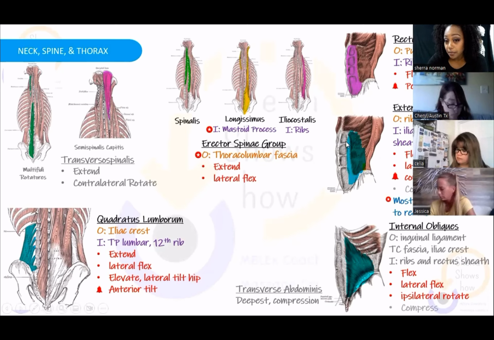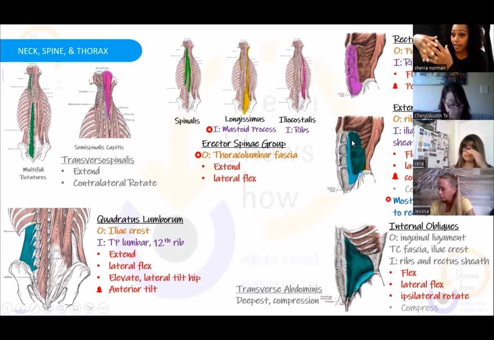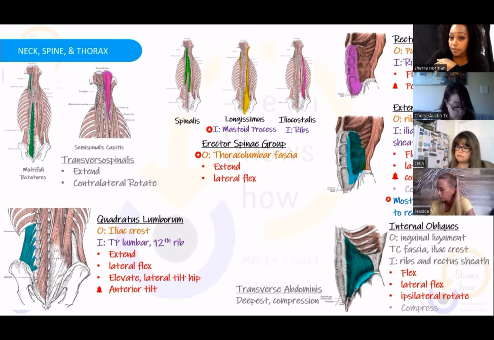Abdominals, the rectus abdominis is the most superficial, but as soon as you move laterally, external obliques are the most superficial fibers, okay? As soon as you move over to the side, external obliques are now your most superficial abdominals, okay? And they shake hands with serratus anterior. You see that?